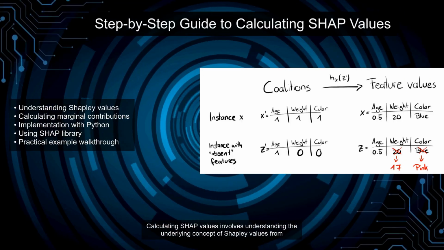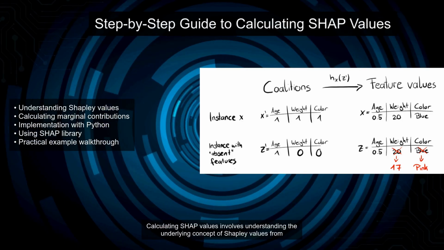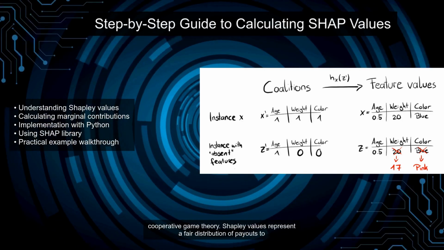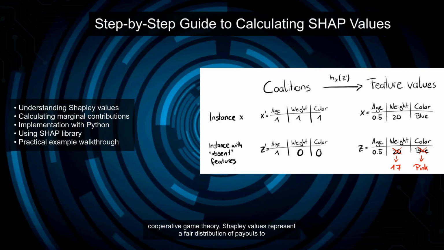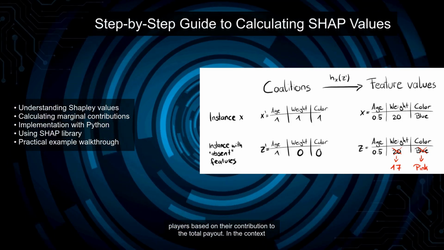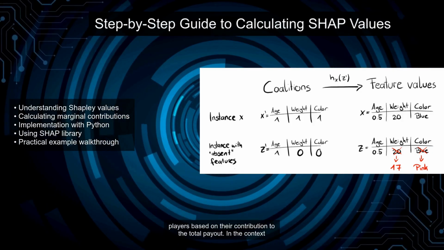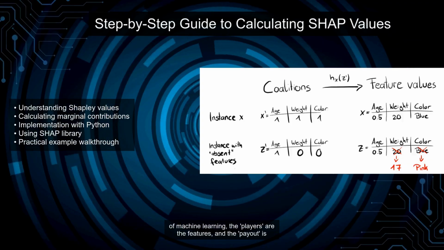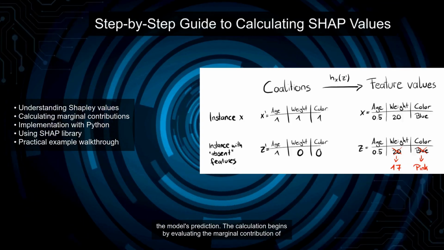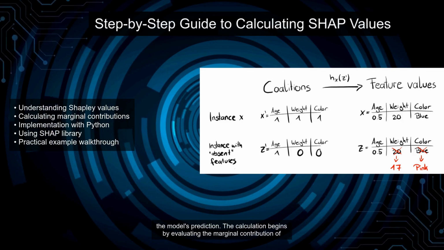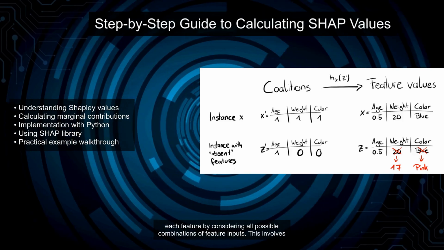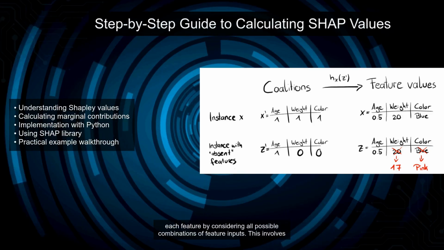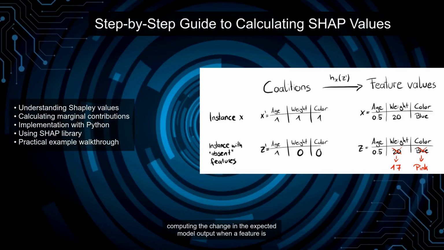Calculating SHAP values involves understanding the underlying concept of Shapley values from cooperative game theory. Shapley values represent a fair distribution of payouts to players based on their contribution to the total payout. In the context of machine learning, the players are the features, and the payout is the model's prediction. The calculation begins by evaluating the marginal contribution of each feature by considering all possible combinations of feature inputs.